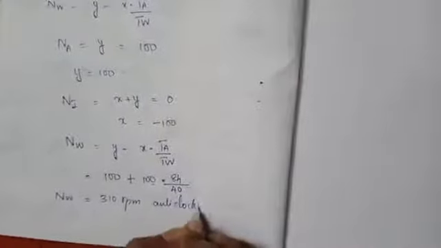So by solving this you will get the speed of the wheel. So you just see here 84 divided by 40 into 200 rpm anti-clockwise, because it is plus. So anti-clockwise direction, that is the rotation of the wheel.